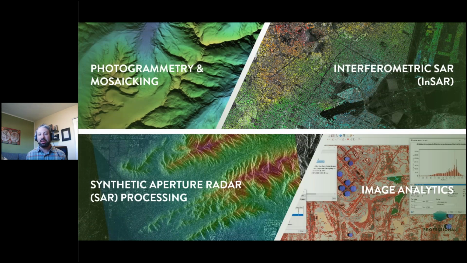Our main areas of focus with Catalyst Professional are photogrammetry and mosaicing, interferometric SAR or INSAR, synthetic aperture radar processing, other aspects such as PULSAR or CP, compact polarimetry, and a variety of other applications, object-based change detection, CCD, so there's a lot of other applications we have related to SAR. And then, of course, image analytics around object-based image analysis and feature extraction and a variety of other image processing capabilities that you can build into your workflow.